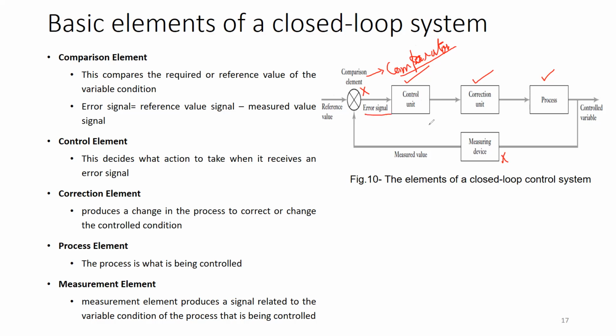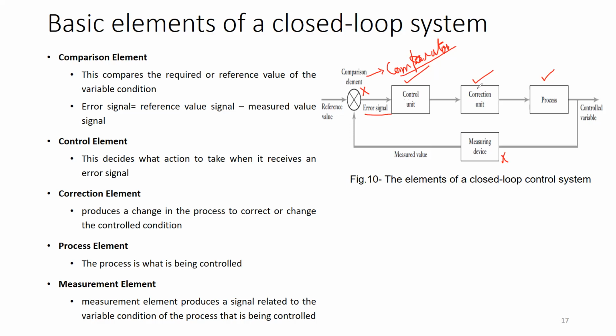Error signal आपका feedback के बाद आएगा. So initially you are giving a reference value to the control unit, which is controlling the value and giving some output to the correction unit.